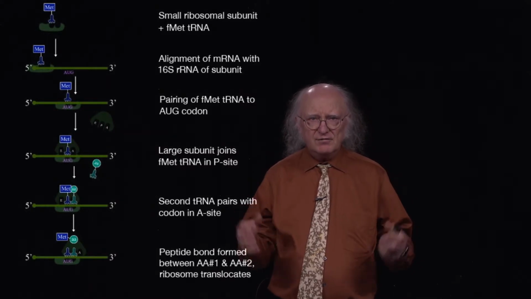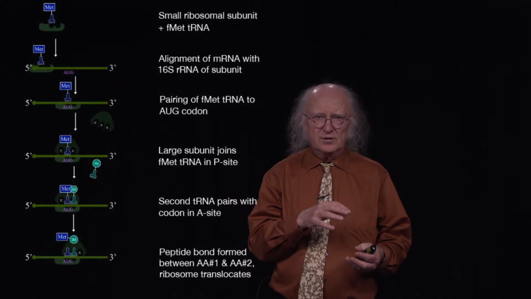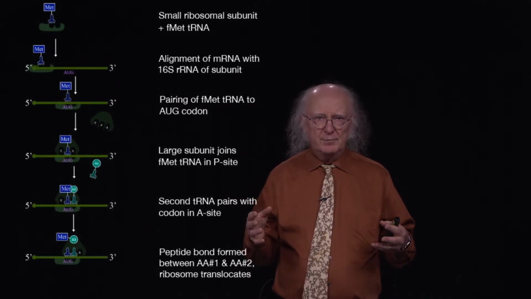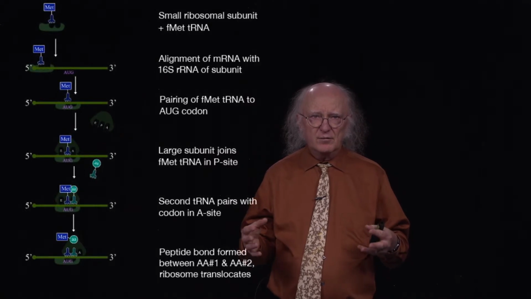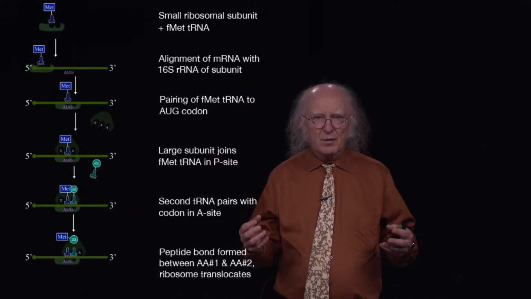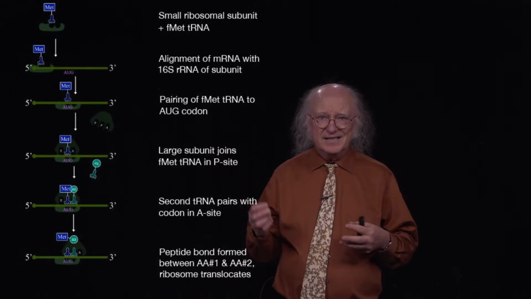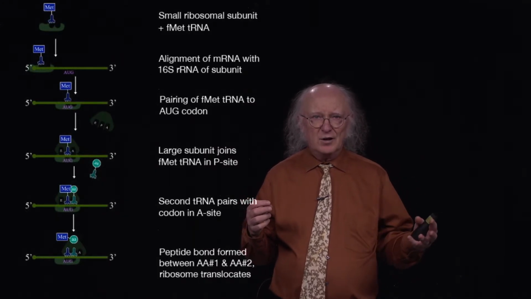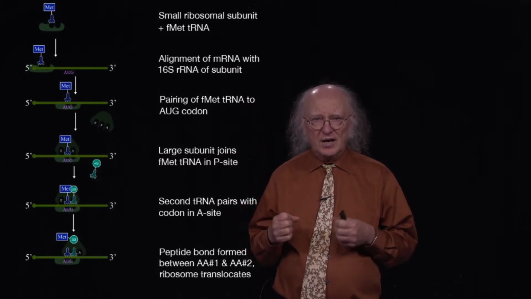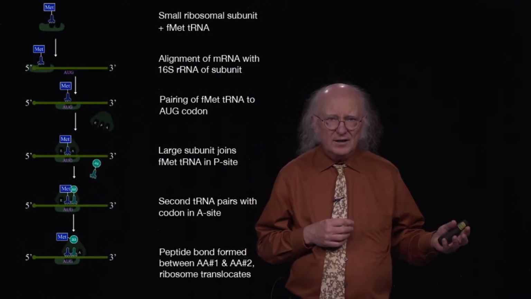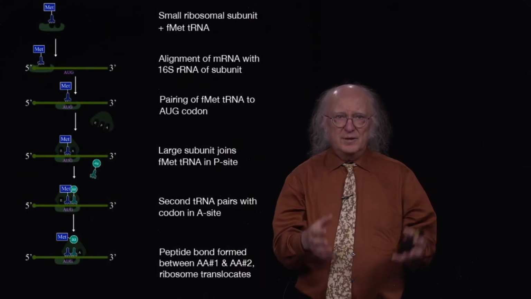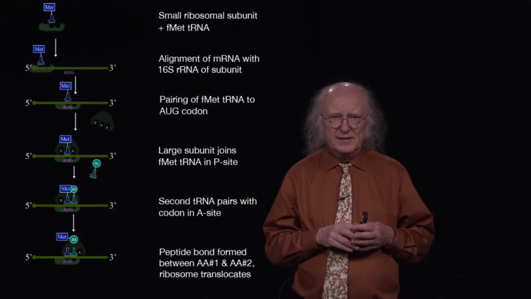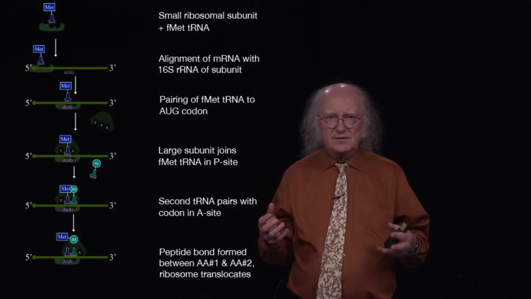In the construction phase during initiation, there are several things that have to happen. The first subunit of the ribosome that binds is the small subunit. Remember, it's the small subunit that contains the 16S ribosomal RNA, which is complementary to the Shine-Dalgarno sequence. That Shine-Dalgarno sequence helps align the proper place for the AUG for the translation process.